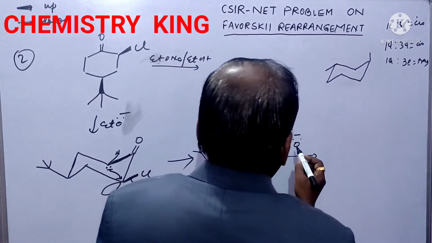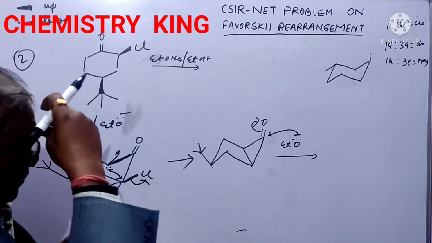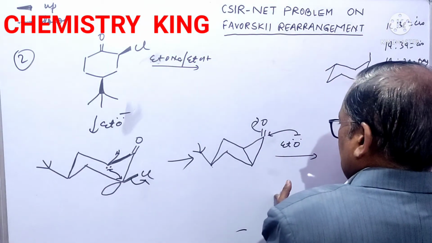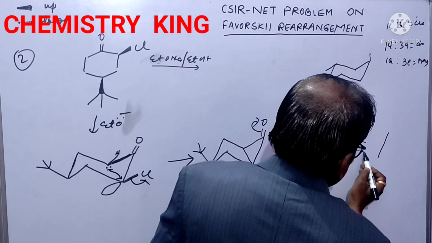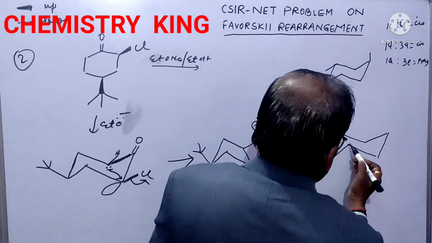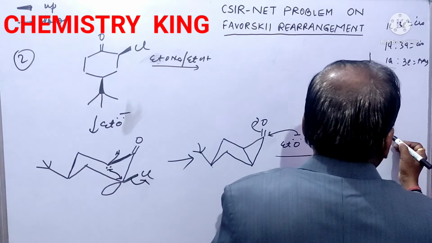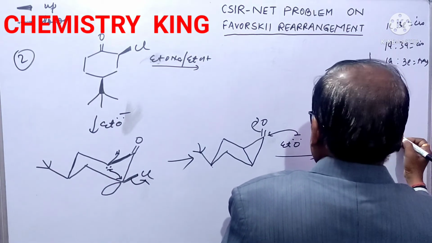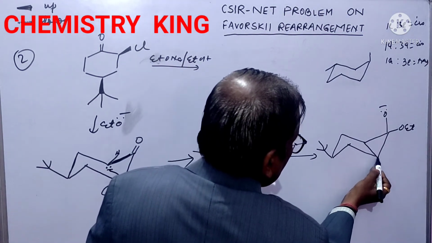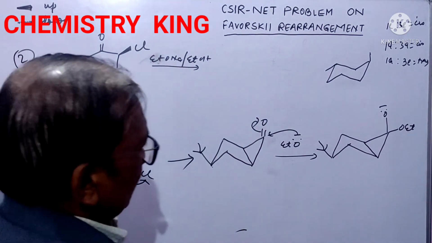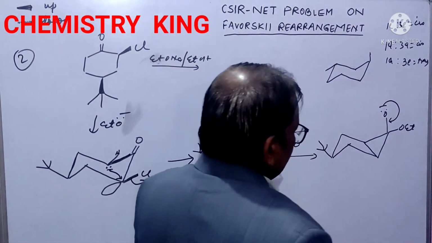Now, ethoxide ion will attack in this pattern. O minus OEt. Okay? Now it will come back.